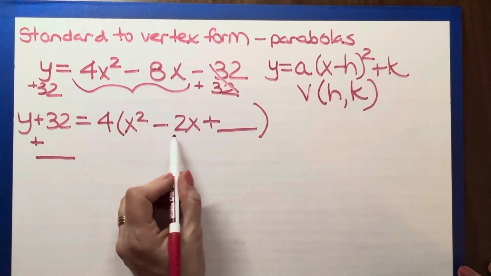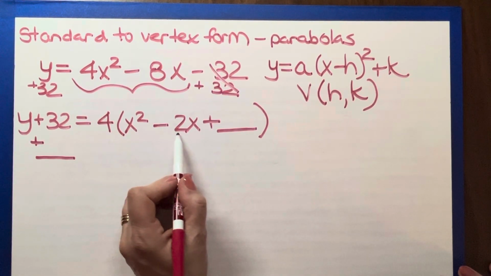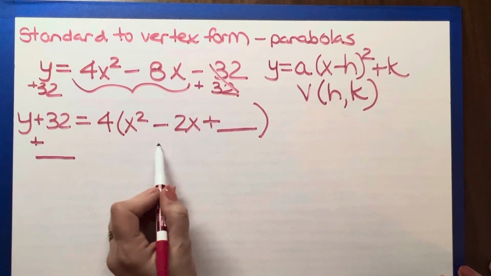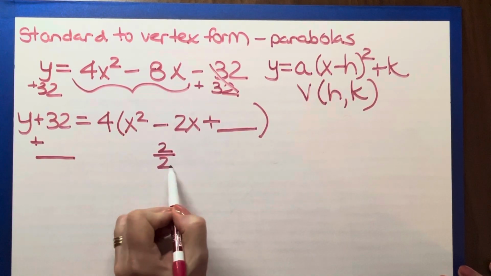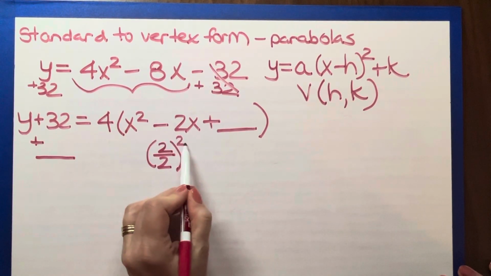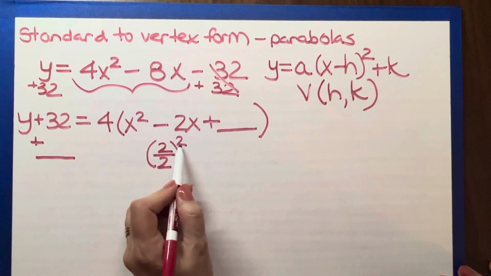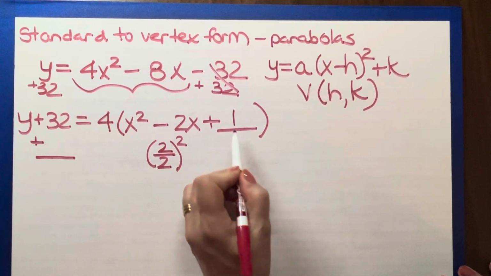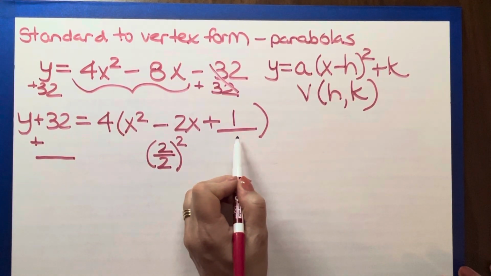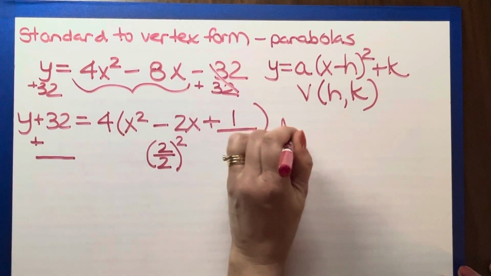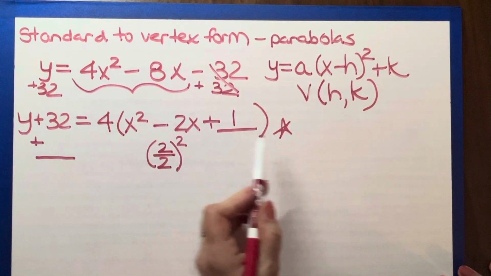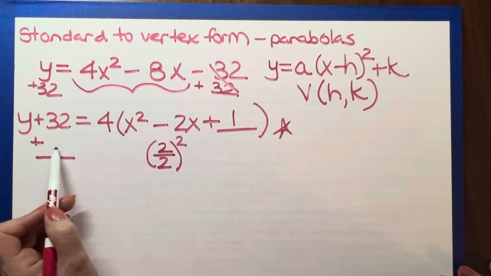Okay, to complete the square, you take the coefficient of this middle term and divide it by 2, and then you square it. So 2 divided by 2 is 1, and 1 squared is also 1. A 1 goes into this blank, but pay attention, I'm starring this step, because you don't just add a 1 over here.